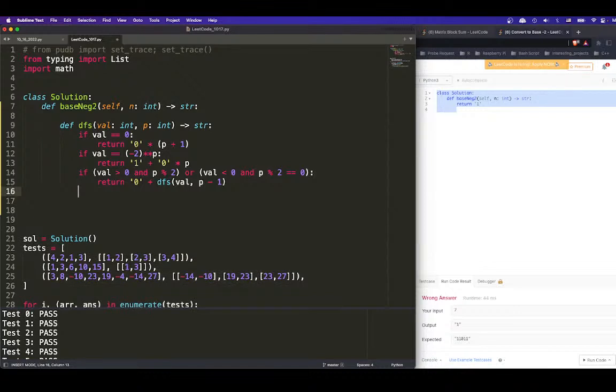So what is the impossible case? Well, impossible at the end. I don't see an impossible case. P minus 1. And eventually I go... wait, what's the impossible case?